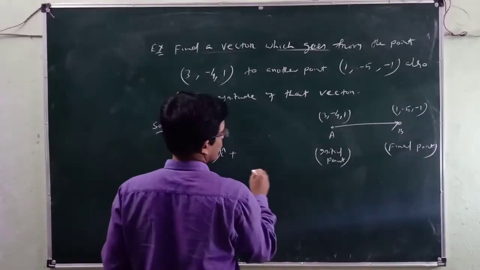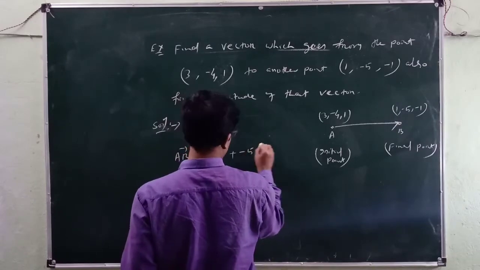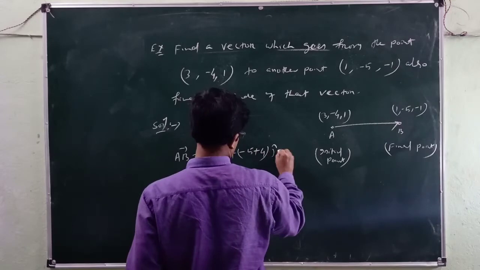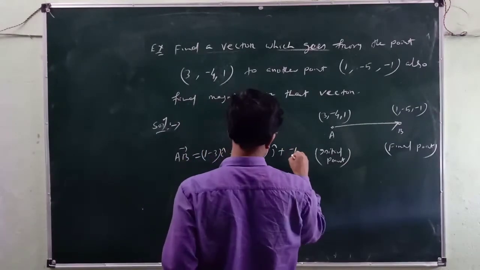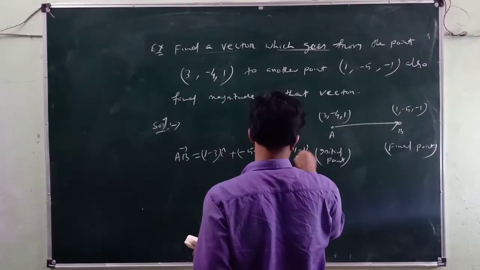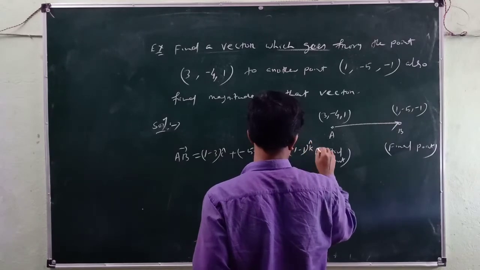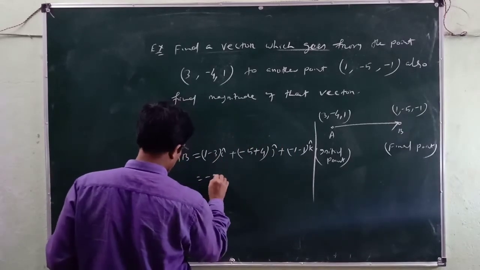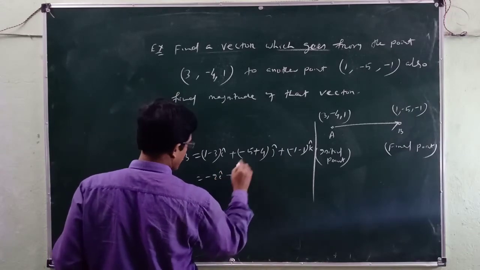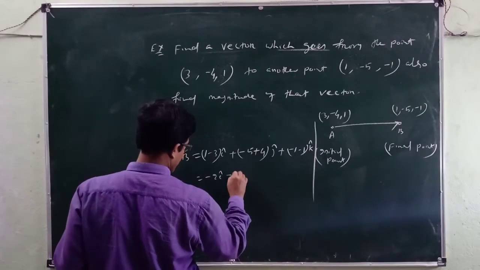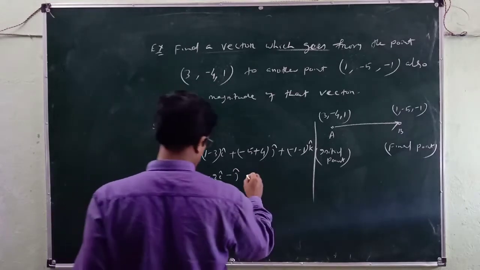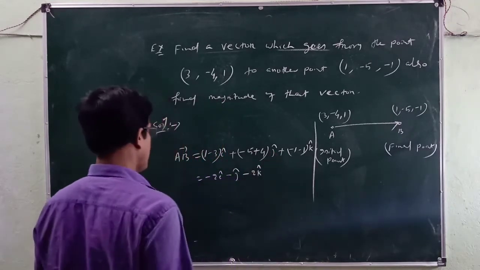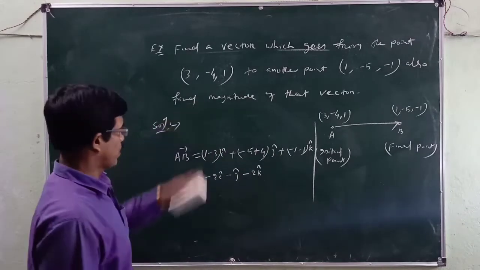Then plus, it will be minus 5 minus of minus 4, which is minus 1, so minus j cap, then plus minus 1 minus 1, which is minus 2 k cap. That equals minus 2 i cap, minus j cap, minus 2 k cap. That will be the vector.